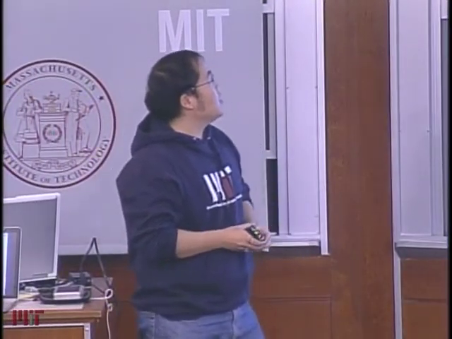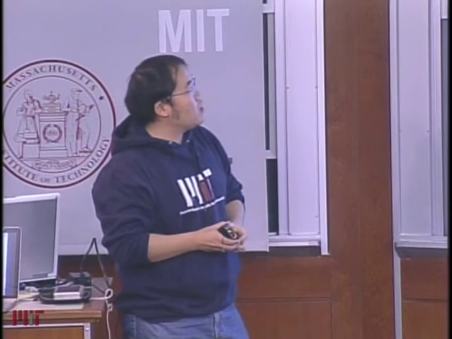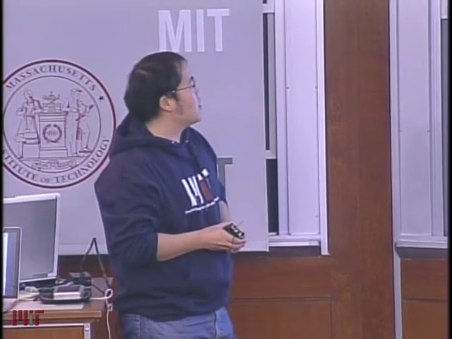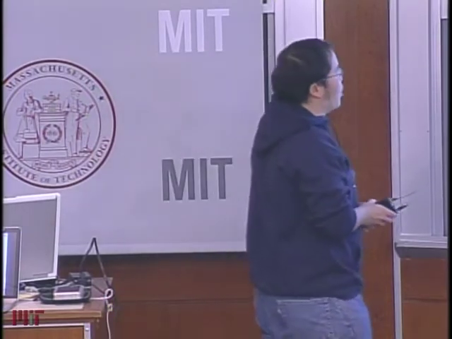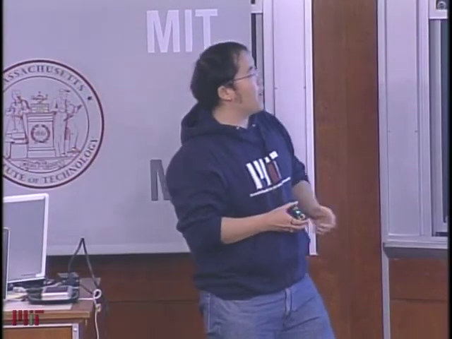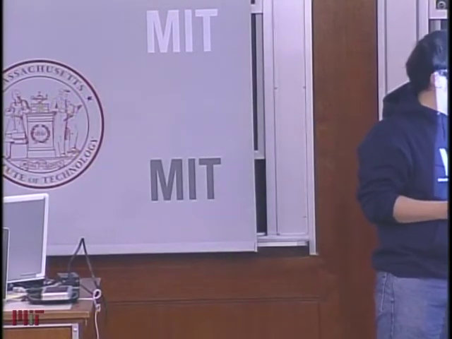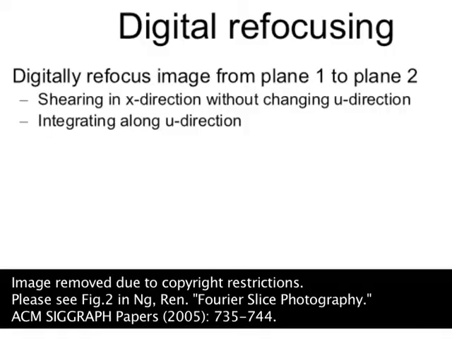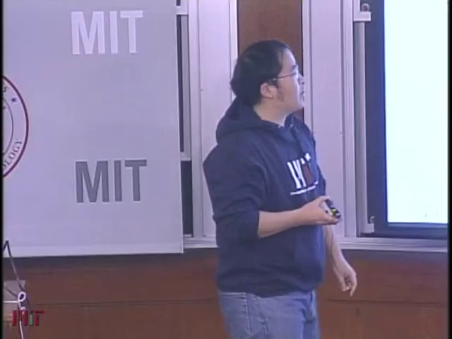The next interesting thing we can do with the system is this. The previous slide shows the image at image plane 1. So here you have the image. We want to know, if we assume there's another image plane at image plane 2, what the image is going to look like.